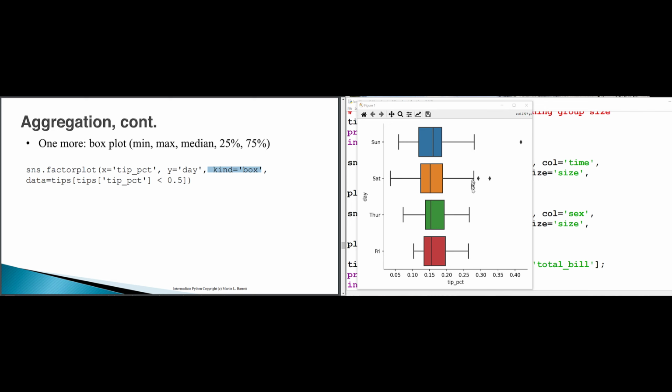So an actual observed tip value appears to be around 28% or so. And then these black diamonds on either side of the whiskers are outliers. So somebody gave, looks like around a 42% tip on Sunday, which is way outside the inner quartile and the whiskers.